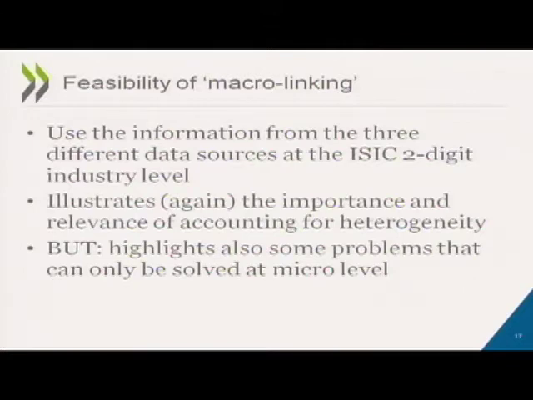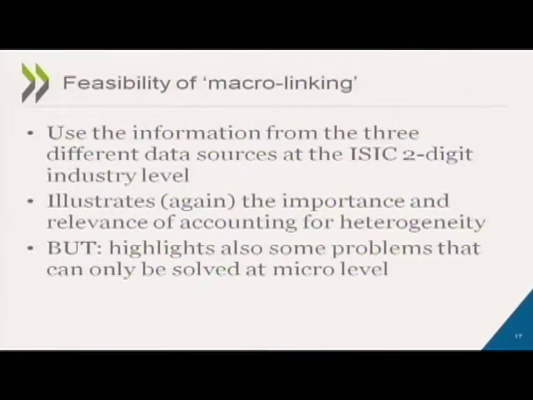From the OECD perspective, what we try to do is to say, okay, the best way really to do that is to engage in microdata linking exercises at the firm level, trying to link the trade flows with the individual firms, with the foreign ownership dimensions, and subsequently aggregate upwards.